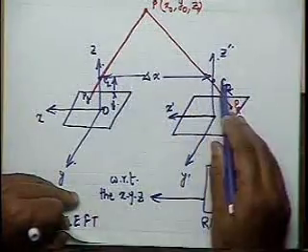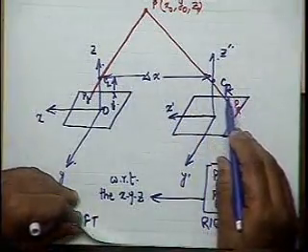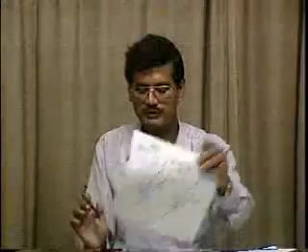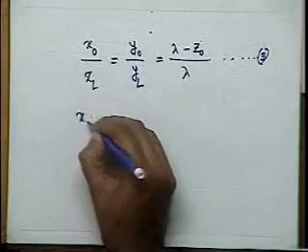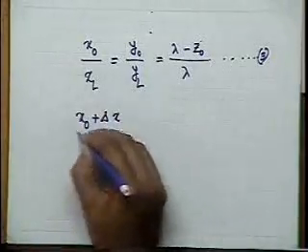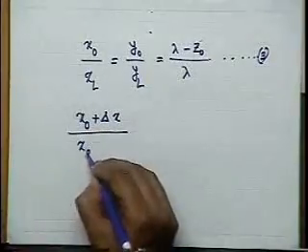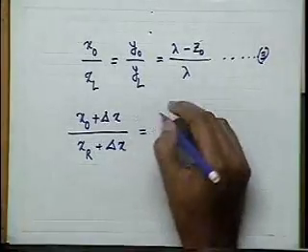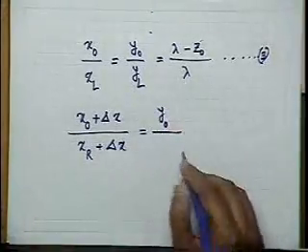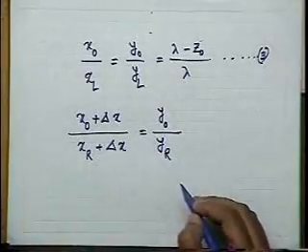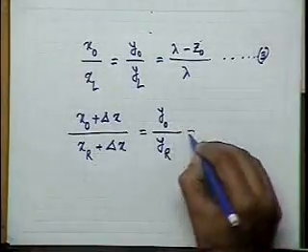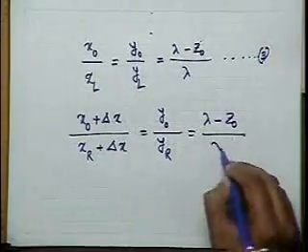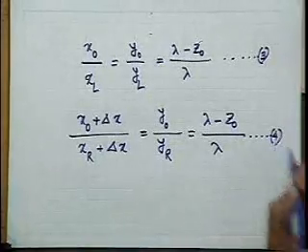Of course the delta x value that I put is negative, but considering a shift delta x between the first camera and the second camera, very simply we have x0 plus delta x divided by XR plus delta x, and that should be equal to y0 divided by YR, because I am not considering any shift for y, and that is equal to lambda minus z0 divided by lambda, and this is my equation number 4.